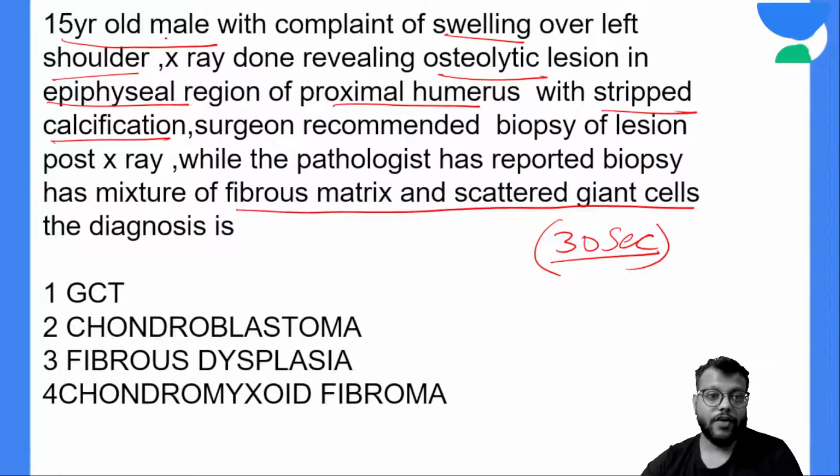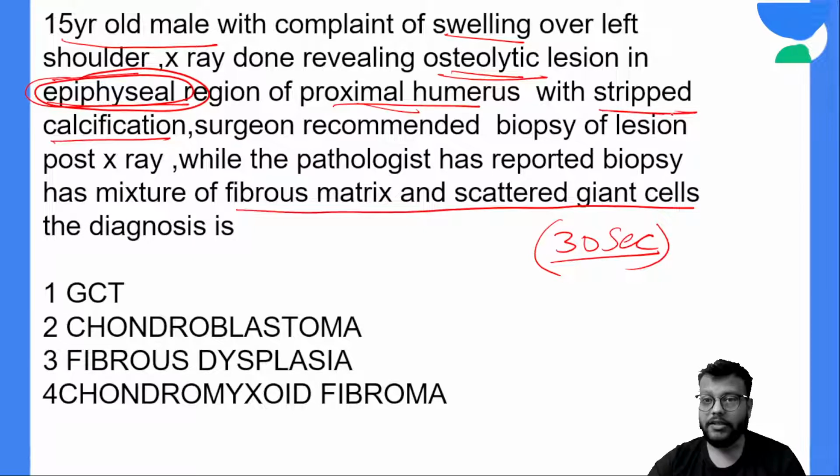Okay, so a 15-year-old male, osteolytic lesion in the proximal humerus, epiphyseal region, and there is stripped calcification. Okay, and in pathology you will have a mixed matrix with scattered giant cells. So GCT comes to your mind. So keep it in the option. Chondroblastoma, yes, same picture of chondroblastoma.